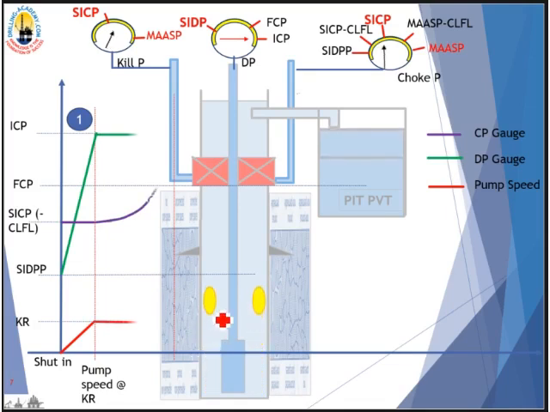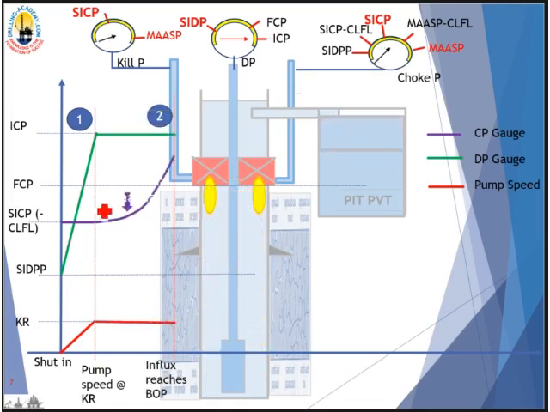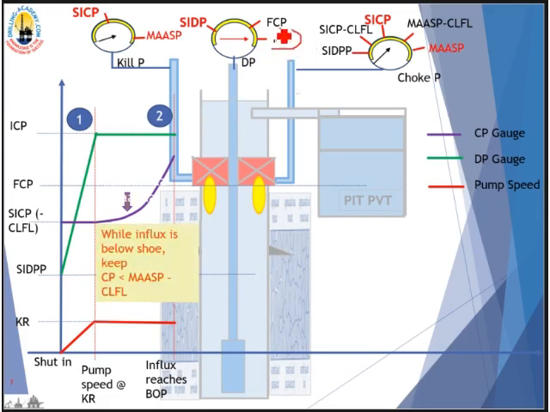While the influx is traveling up to the BOP here, we expect to control the choke to keep the drill pipe pressure gauge constant, or about 50 to 100 psi above initial circulating pressure. This will help us to stay with constant bottom pressure a little bit above formation pressure.